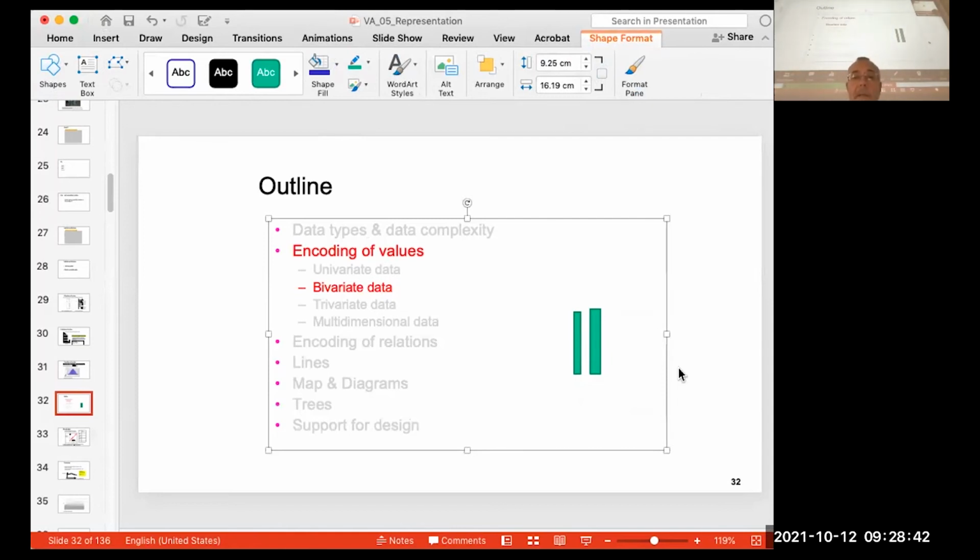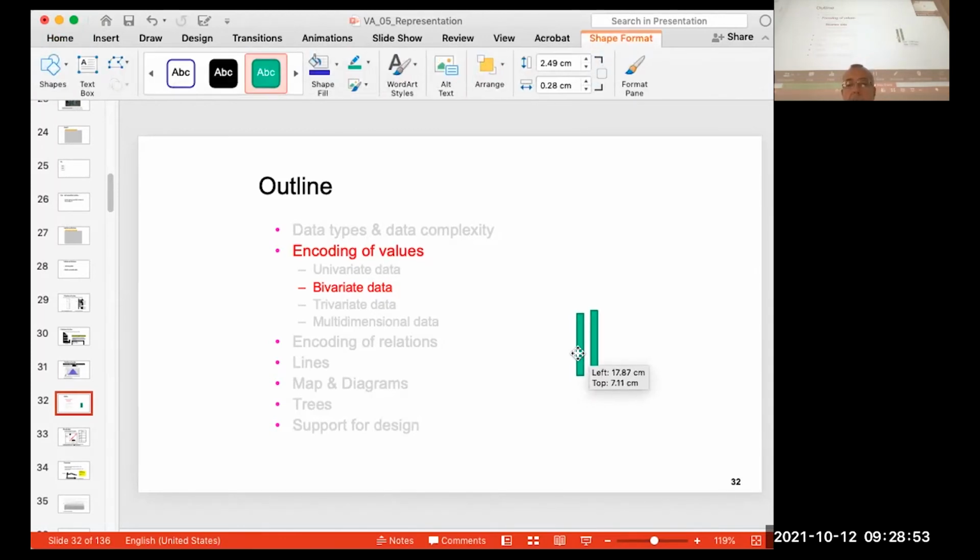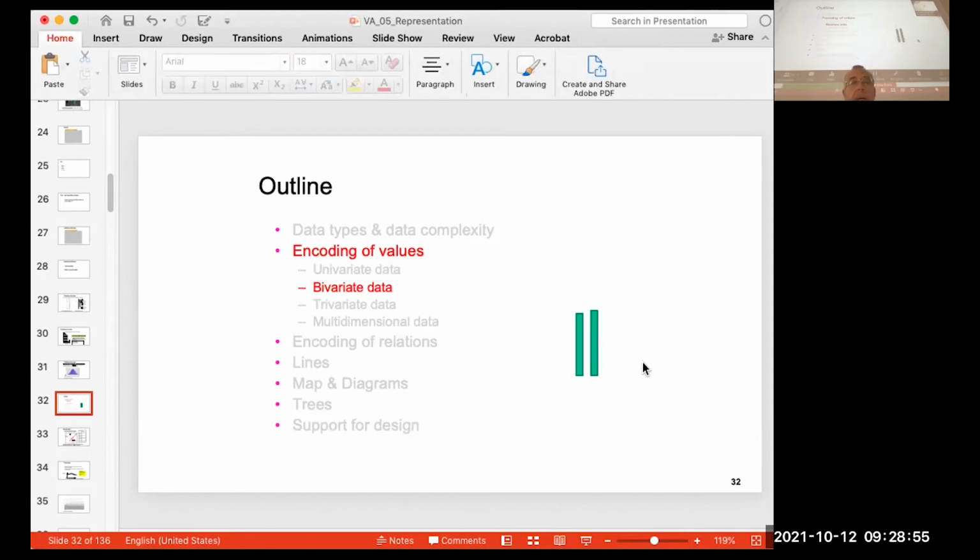You can easily perceive that the right one is a little bit longer than the other. Why? Because you have a baseline here, and you are comparing the difference between these two positions.